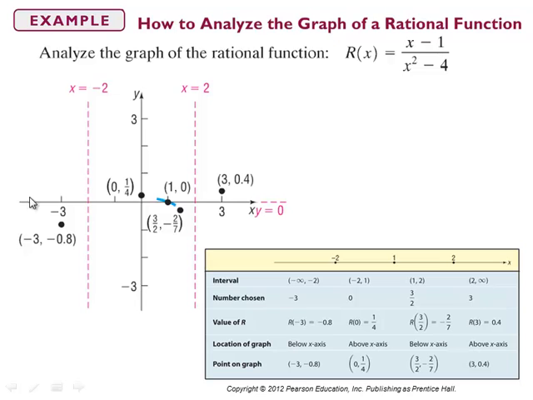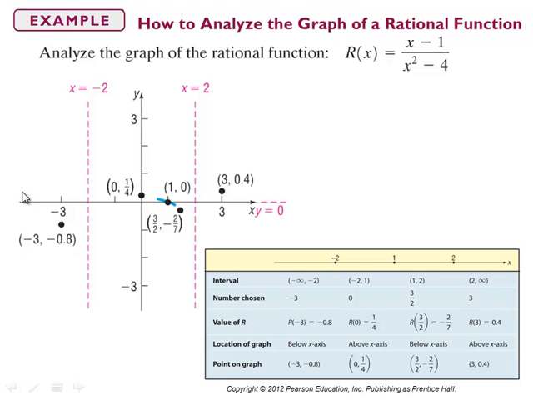So you can pretty much guarantee that the graph of this rational function is just going to go down through this point and down to negative infinity, like this. Because look, the graph is either going to go up or down, but because the graph is not going to cross the x-axis there, the only other choice is going to go down.